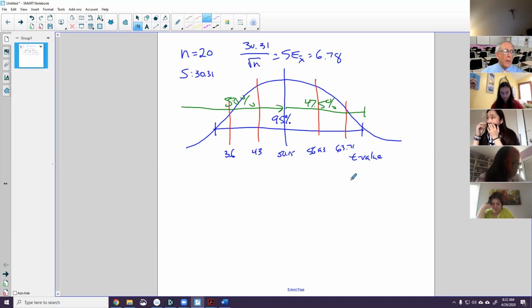So I am looking at the 97.5 percentile, or I'm looking for 0.975. So in order to find that T value, I got to go to my calculator.